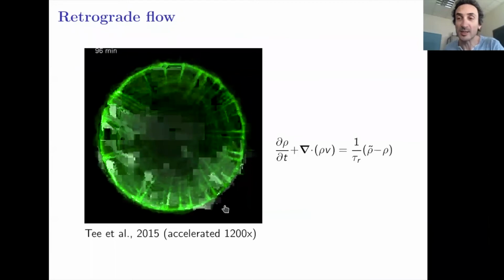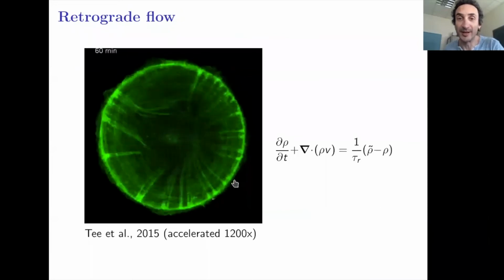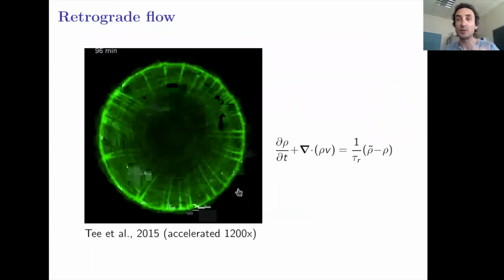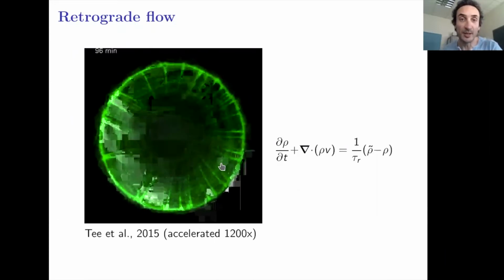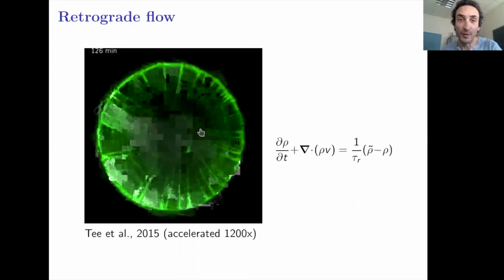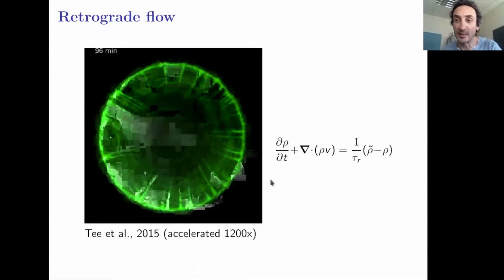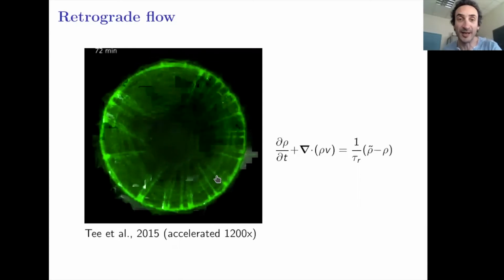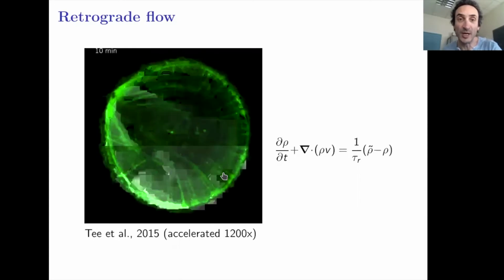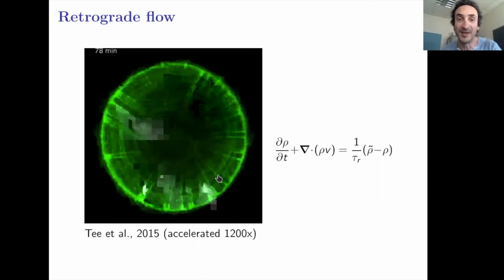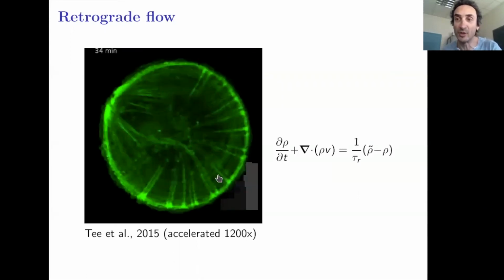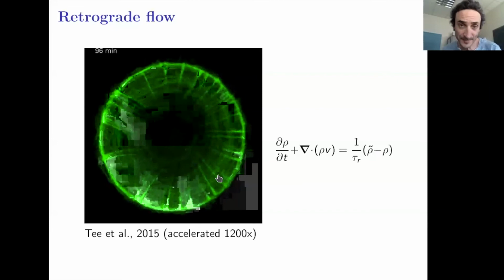So this is a cell viewed from the top when it has just been spreading to a circular shape which is imposed to it. And you see that, in the course of a few hours, the flow that you're seeing of actin is really not divergence free. You really have an inward flow, especially of the orthoradial filaments here, which is very strong and endures for a very long time.